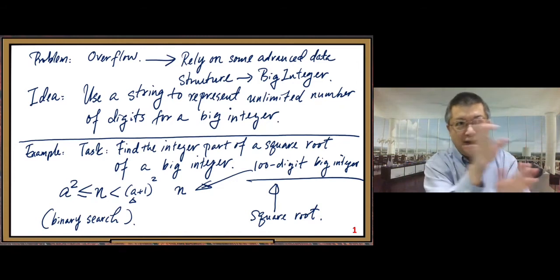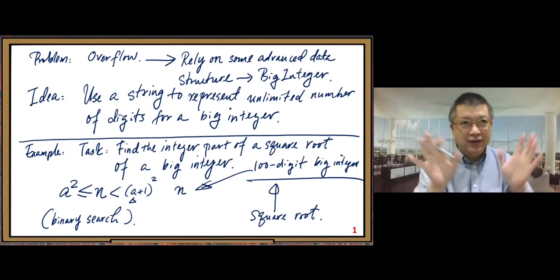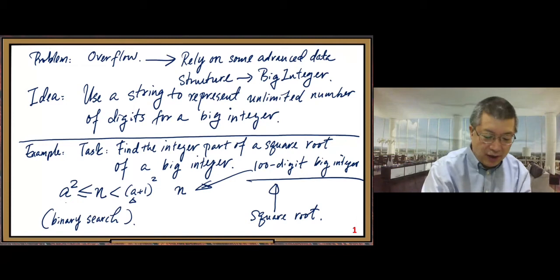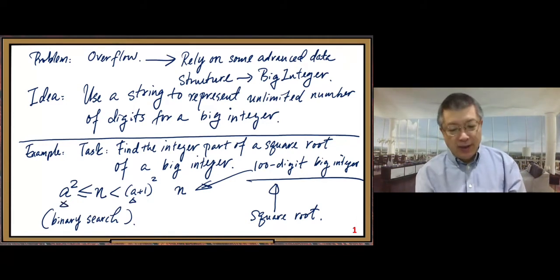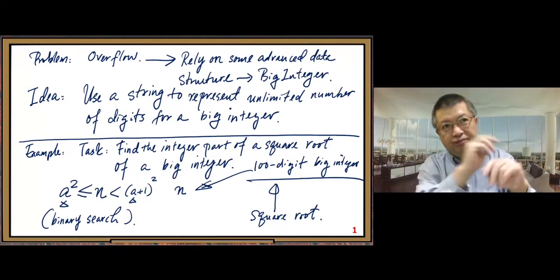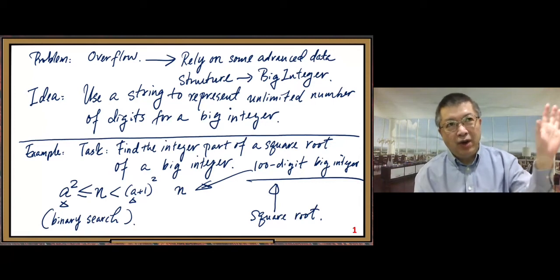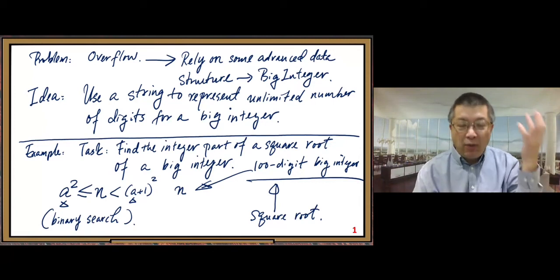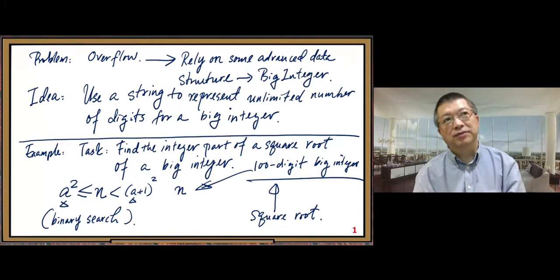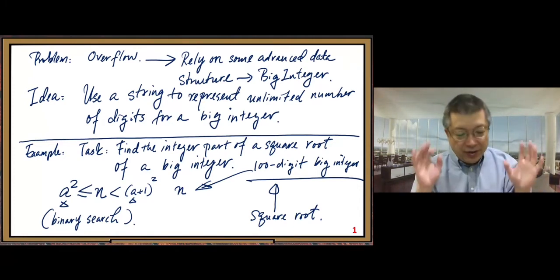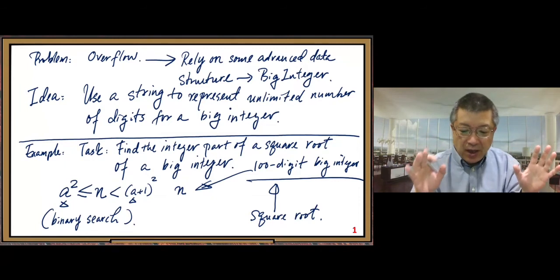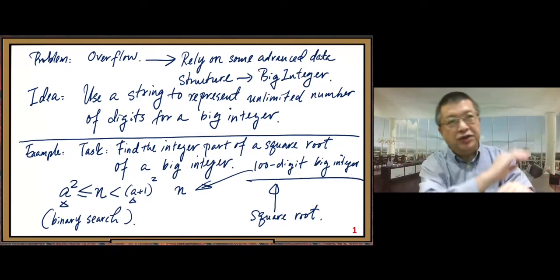Then I do comparisons, and finally I get this number, a. After my explanation, I will run that example, and I post the code so you can play around with it and try to understand how to use Java BigInteger.